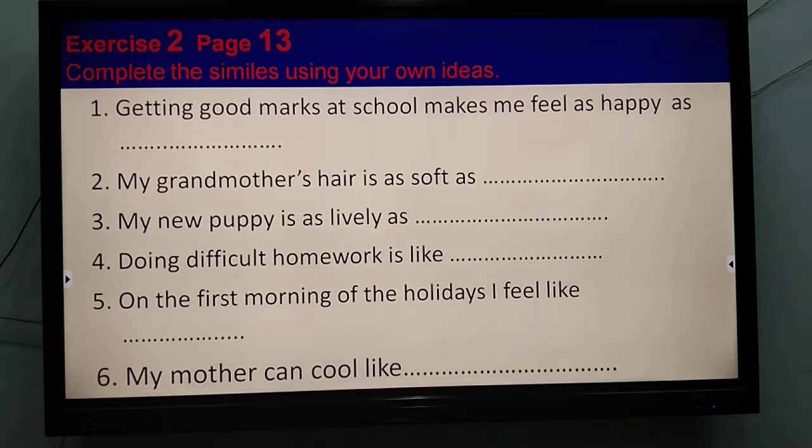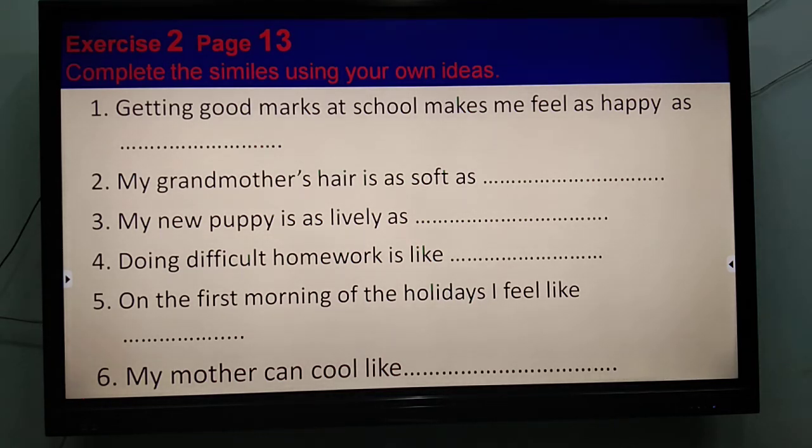Number 2. My grandmother's hair is as soft as. You can think of many things that are soft. Number 3. My new puppy is as lively as. Active. So you can name the thing that is very, very lively and active. Number 4. Doing difficult homework is like what? What do you feel you are doing when you do difficult homework? Think. Number 5.